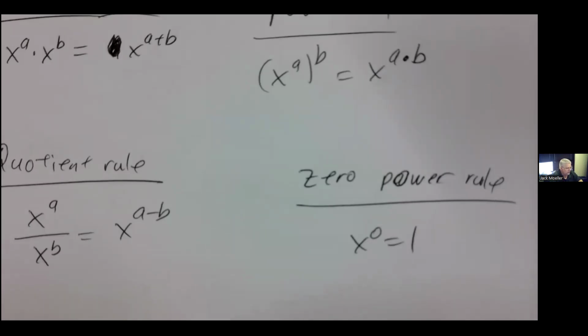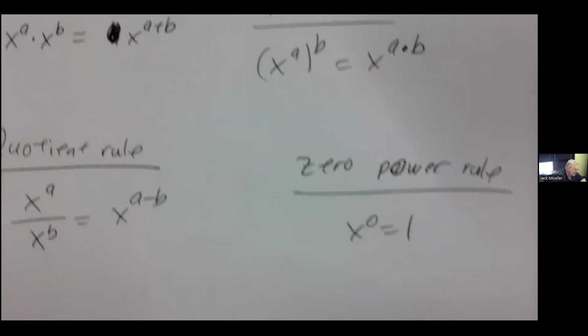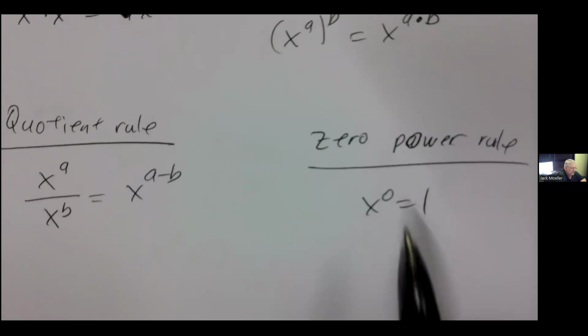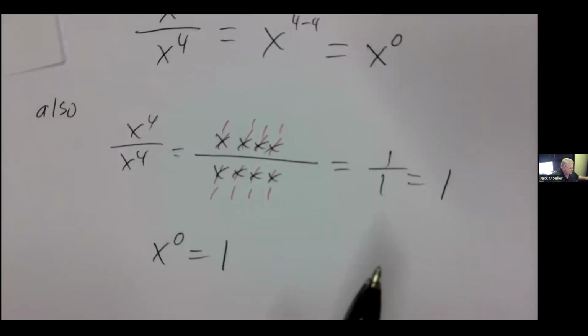Doesn't work for a 0 exponent, doesn't work for negative exponents, doesn't work for fraction or decimal exponents. So that idea of repeated multiplication is kind of a narrow view of exponents. If you want to know more, you probably need to be a math major. Okay, all right. So let's play around with this.